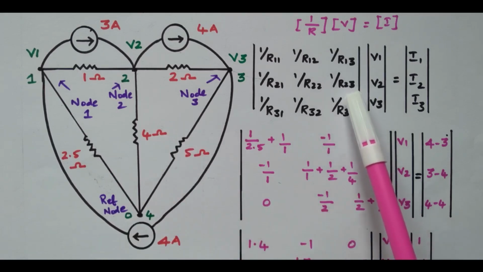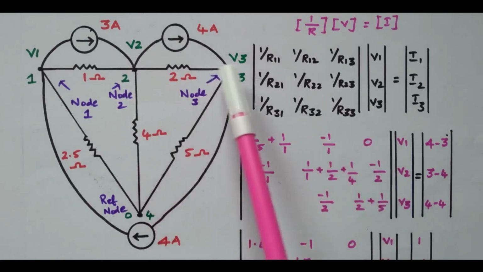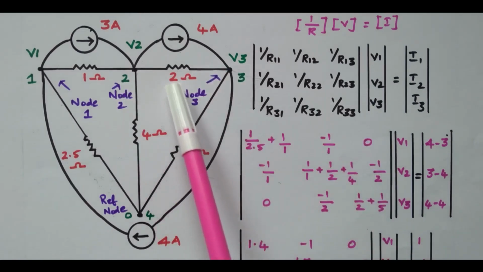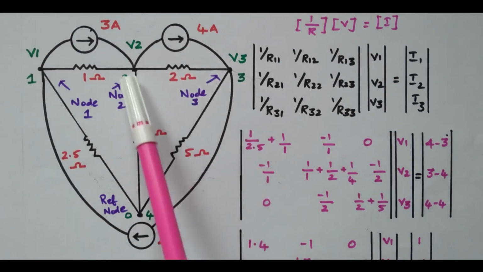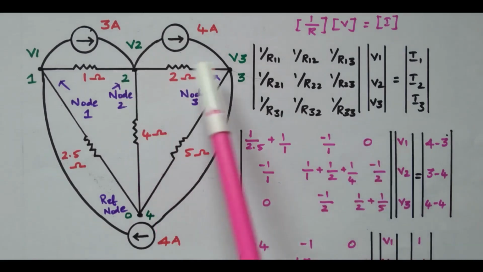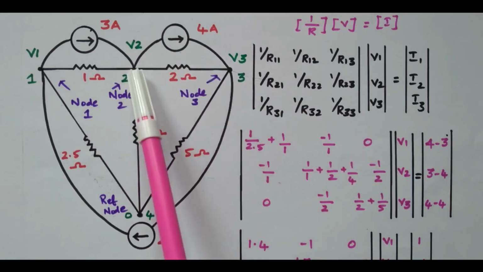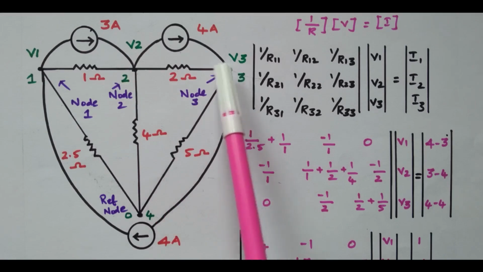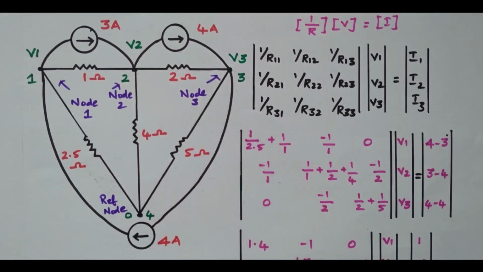R23. What is R23? Connected between the second node and the third node. This 2 ohm is connected between the second node and the third node. So minus 1 by 2. Already, other than diagonal, negative. Then R31, connected between the third node and the first node.